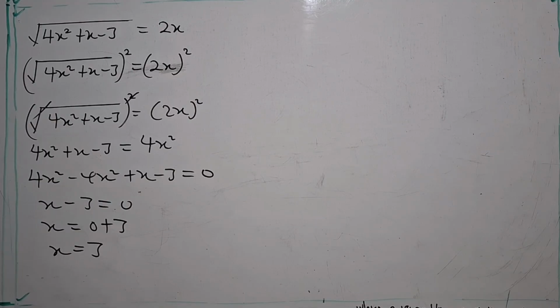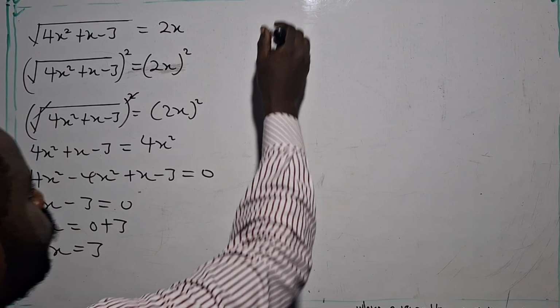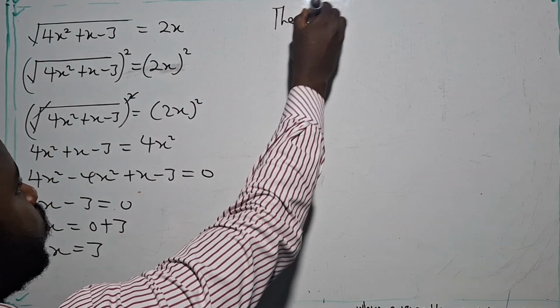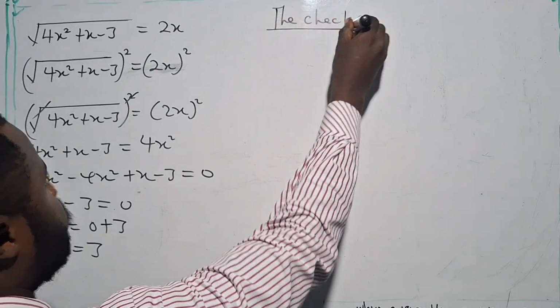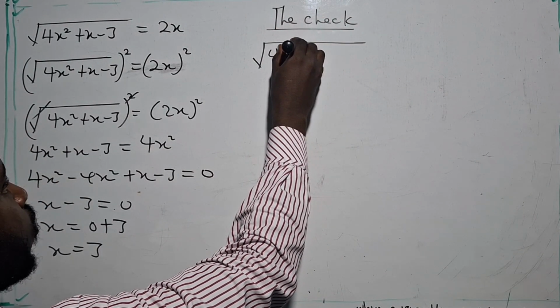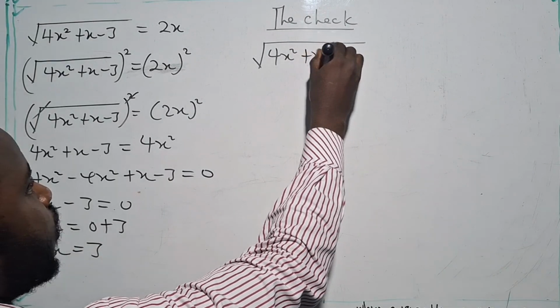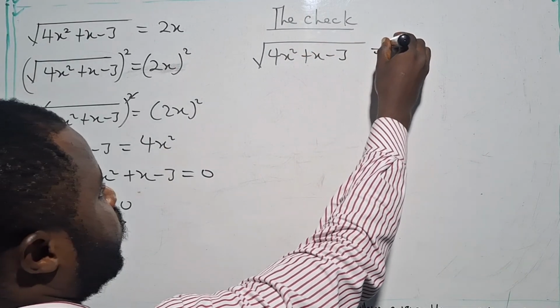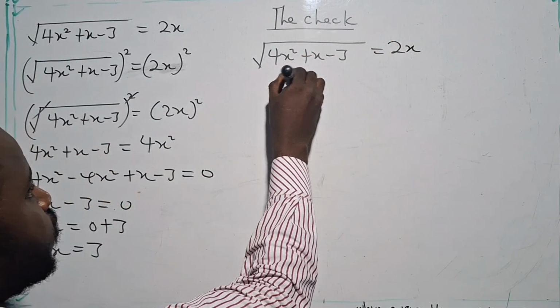So let's do the checking and see if you get the same answer. So we can solve alongside with me. So the equation 4x squared plus x minus 3 is equal to 2x.